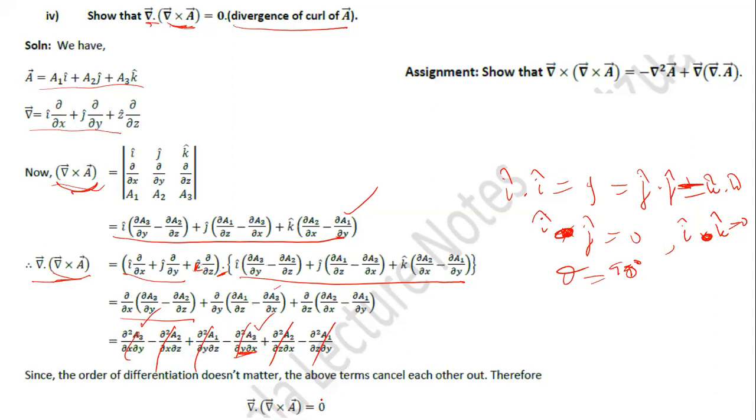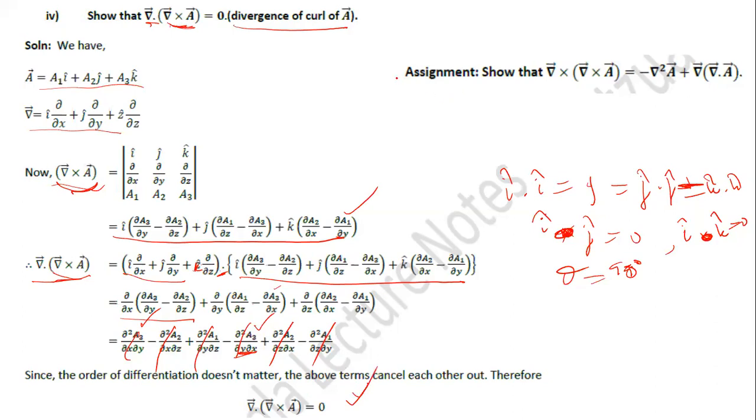The reason is that curl of A measures the rotation of the vector field. If A is a non-rotating vector, curl of A is 0, so it does not matter when you perform a divergence again. But if curl of A is finite, that means A is a rotating field, but when you perform a divergence on it, again this is 0. So the divergence of curl of A is always 0 for any vector.